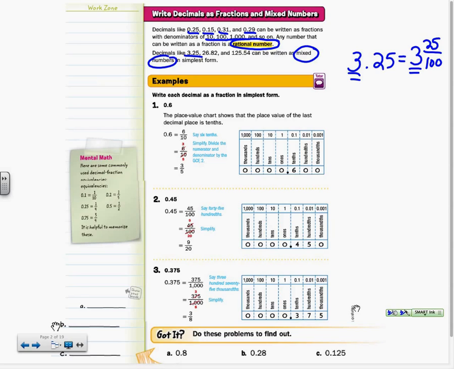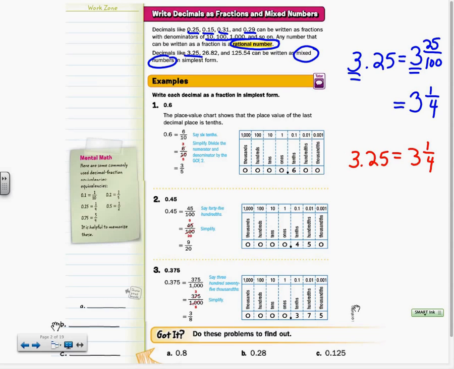It has a whole number and a fraction part. And of course I can simplify that into 3 and 1/4. So 3 and 25 hundredths is the same as 3 and 1/4. We're going to be looking at these kinds of numbers today.